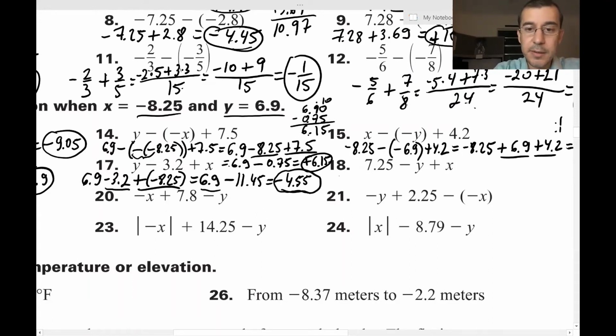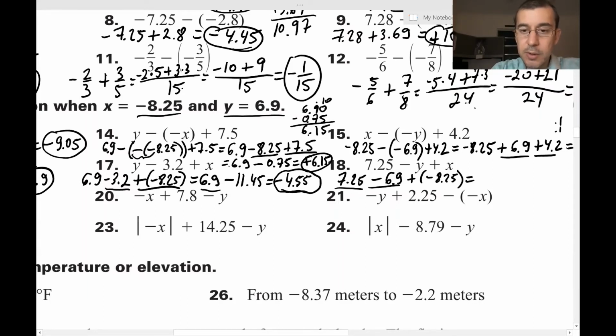Number 18, 7.25 minus y is 6.9 plus x is minus 8.25. These two numbers are very close to each other, so let's add up these two numbers.